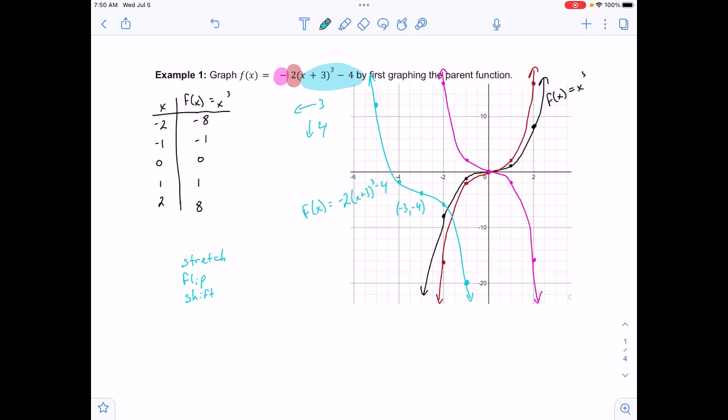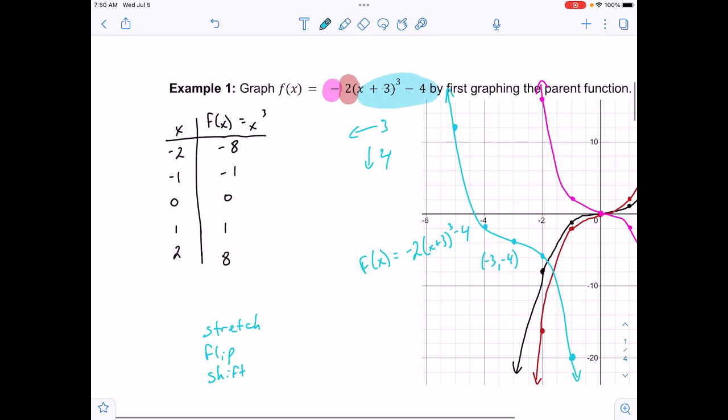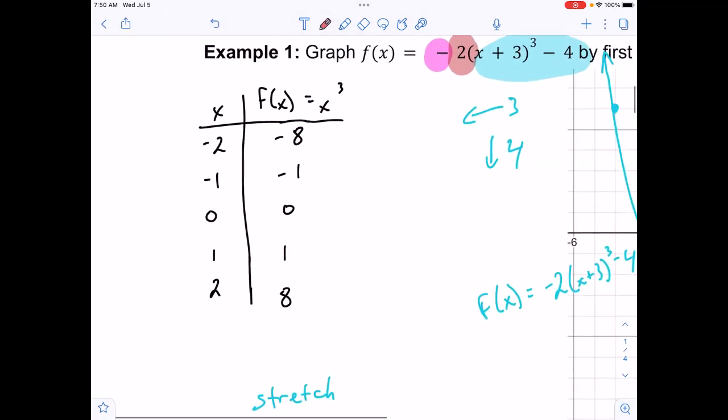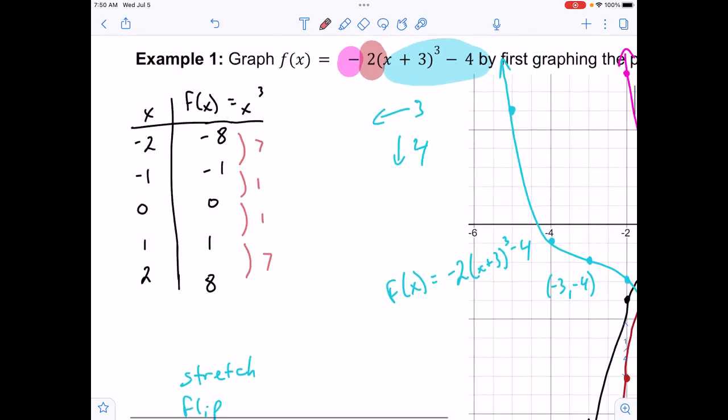And what the step pattern relies on is our first differences. So if we just take a look here for a quick sec, the step from -8 to -1 is 7. Then it goes up by 1, then by 1 again, then by 7.